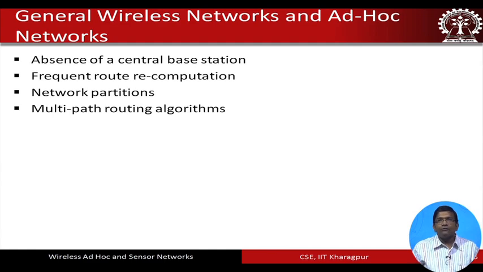Also, because there is no centralized coordinator or base station, the networks often get partitioned, and network partitioning is a typical feature of an ad hoc network. There are other associated problems because of the use of multipath routing in these networks. Each of these problems, we are going to go through in more detail.